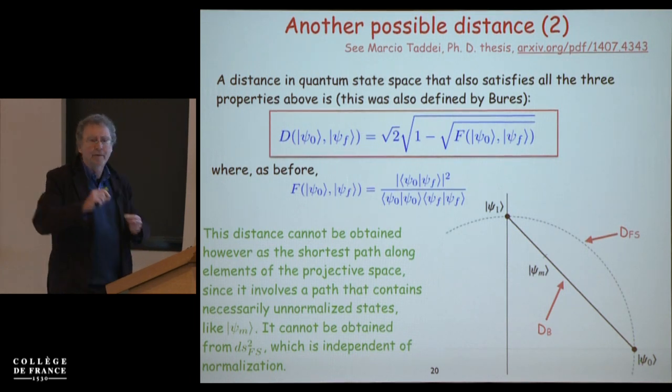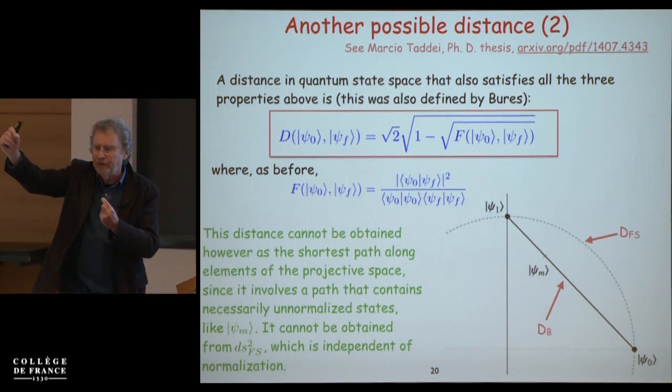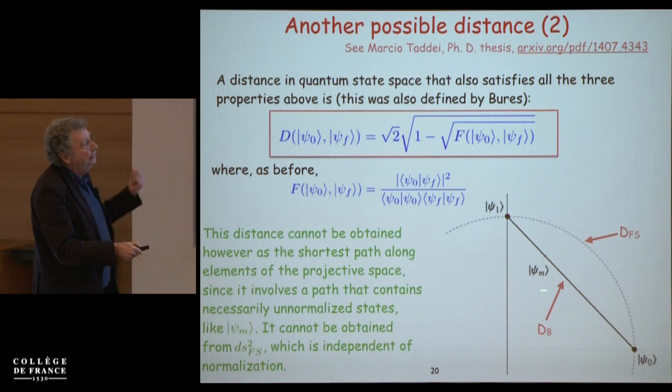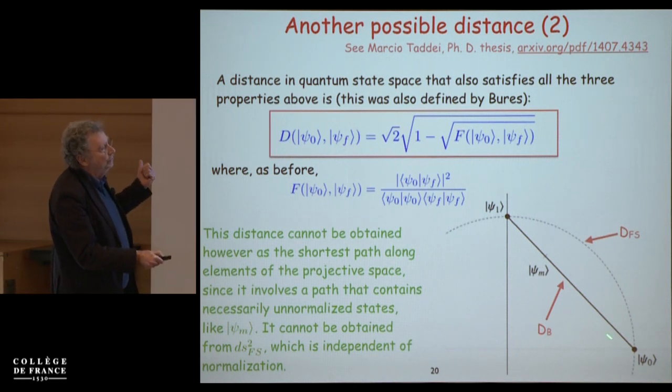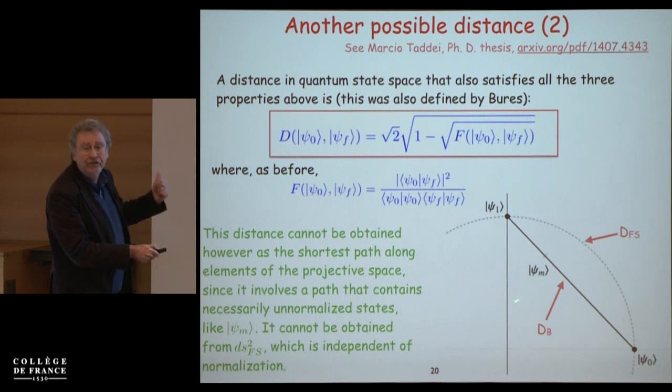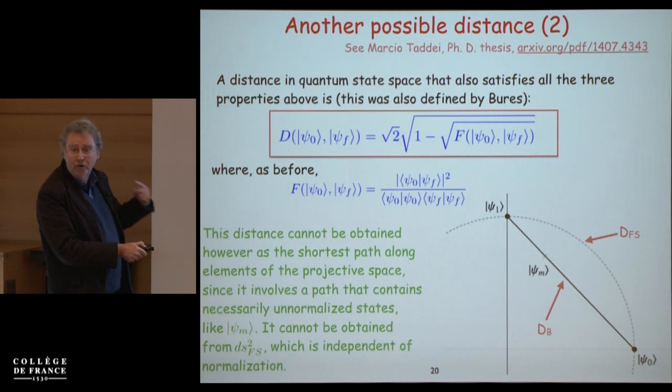Okay? So it's a path along the space of states, while this distance, which I have just introduced, corresponds to this path here, which includes non-normalized states, necessarily. Okay? So this actually distinguishes states according to their norm. So it's not a path in projective space. Okay?